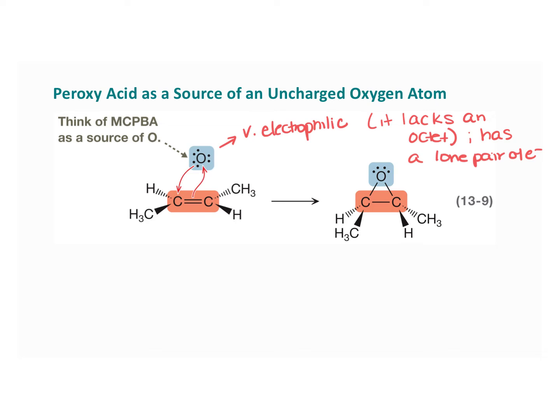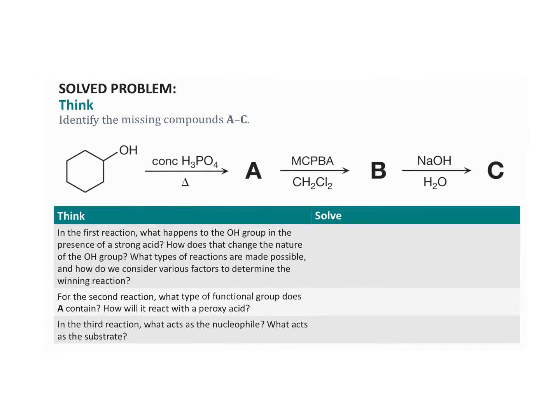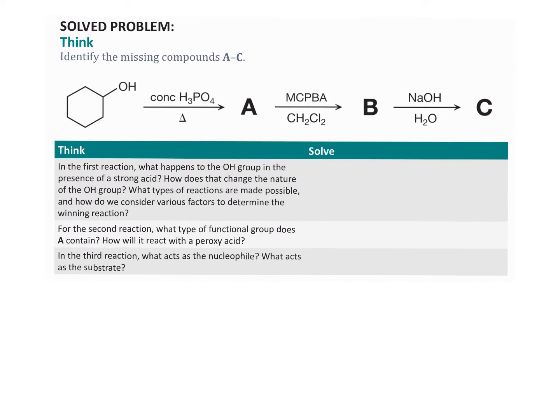So I'd like for us to do a synthesis problem. When we look at the synthesis problem, it's a hair different than previous synthesis problems. It's giving you the reagents, but you have to identify what is A, B, and C here, okay? And so we need to think through each of these. So we're going to start at the beginning, and we're going to ask some questions about the first reaction. So in the first reaction, what happens to the OH group in the presence of a strong acid?